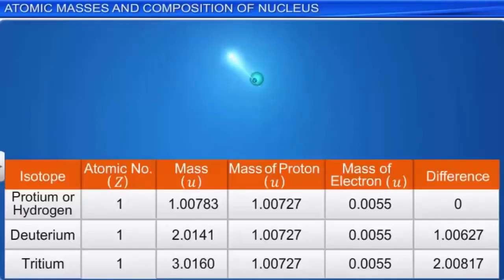If we assume that the electrons and protons are the only constituents of the atom, then the atomic mass should be equal to the sum of the masses of protons and the electrons of the atom.